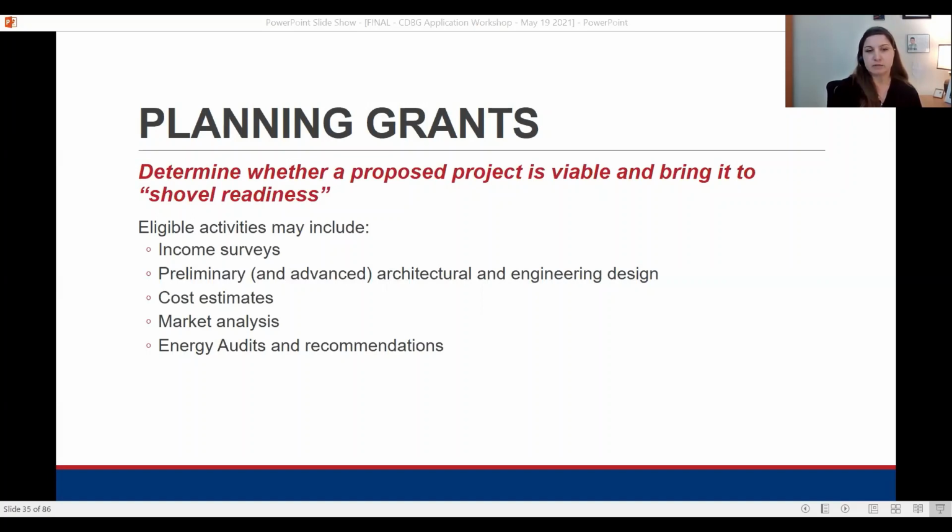The intent with these grants is for applicants to come in and seek these grants for a project they intend to ultimately come back to CDBG and apply for implementation dollars for that grant.